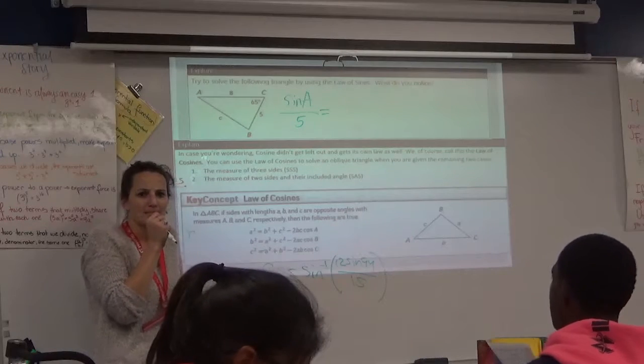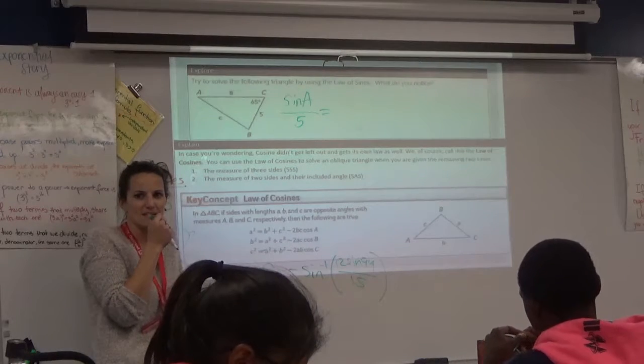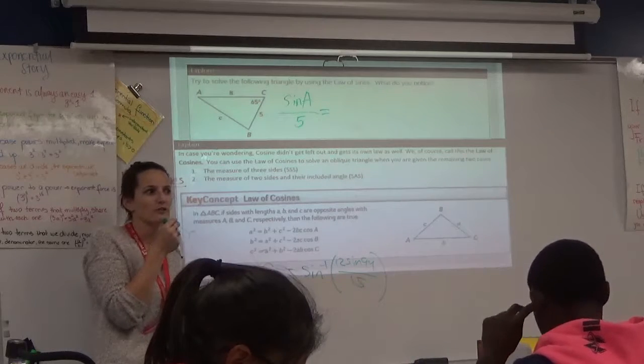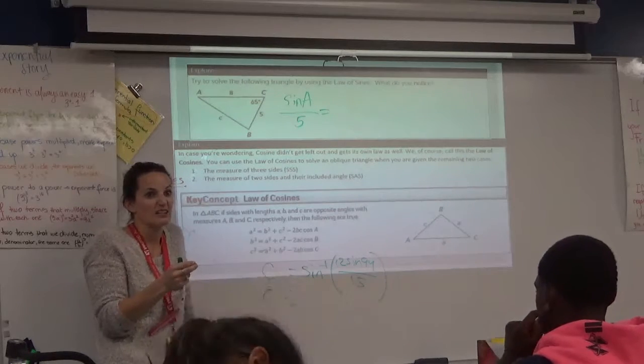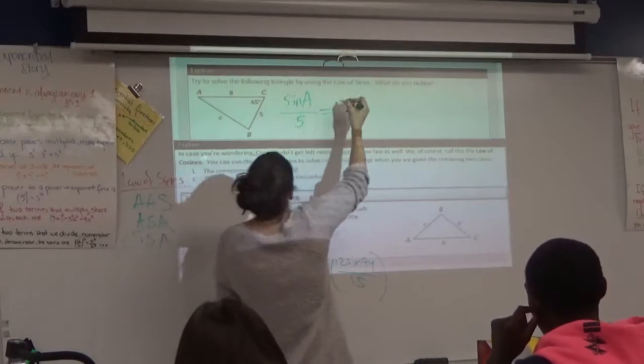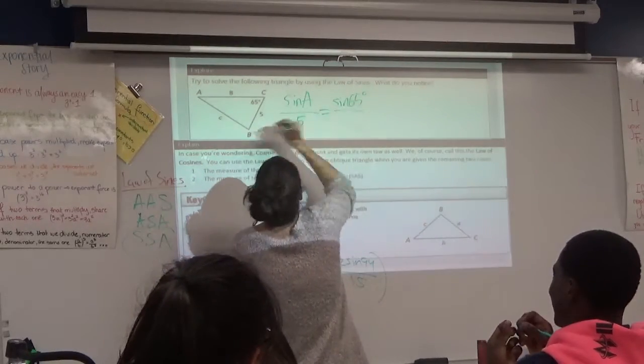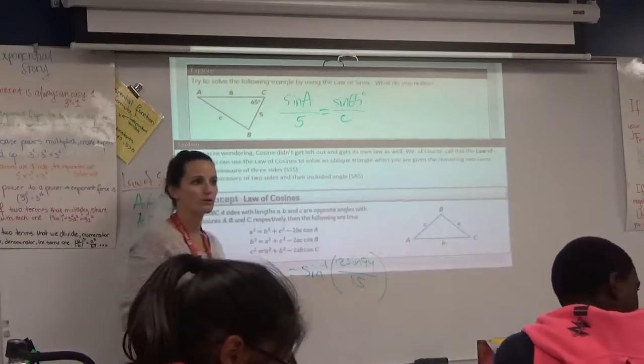But what happens that gives us some trouble, Isaiah? You don't have a ratio to use from that? Yeah, I don't have a ratio where I have the angle and the side. So if I come over here and say sine of 65, now I don't have C. See how I have 2 unknowns?